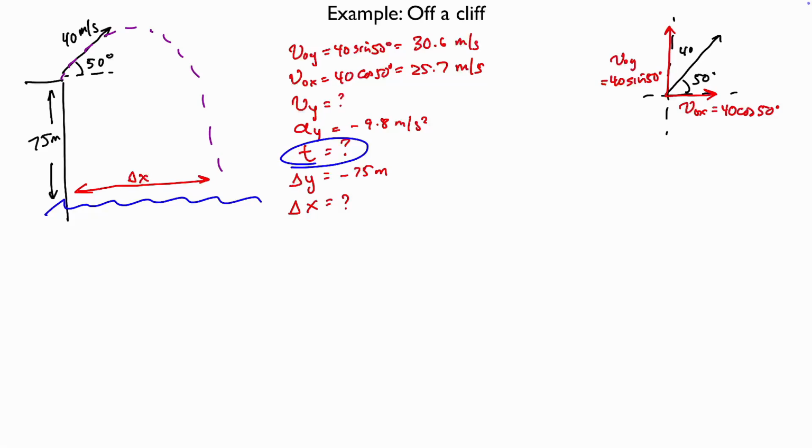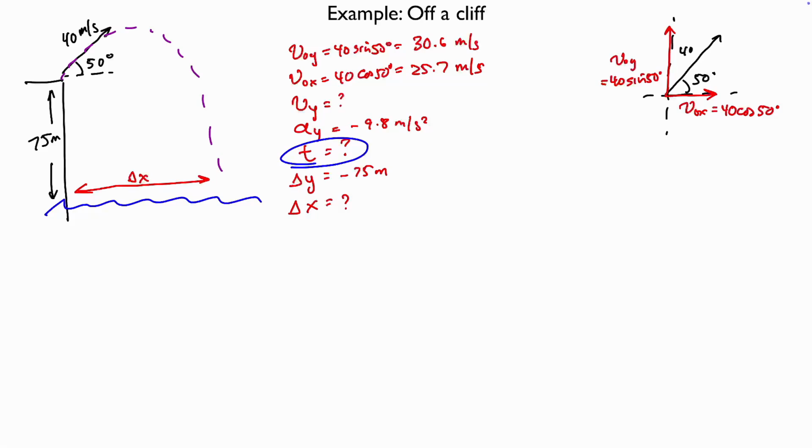Third one. Third one doesn't have time in it. So I can't get time from it. But what could we do? Find the final velocity. And then do what? Use the first one to find the time? Now, it seems like a little bit more algebra, doesn't it?